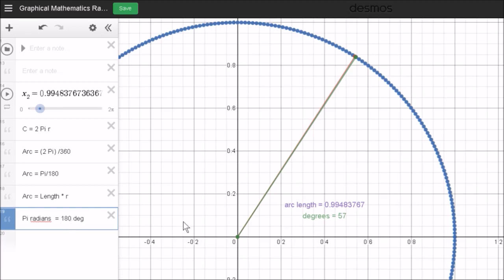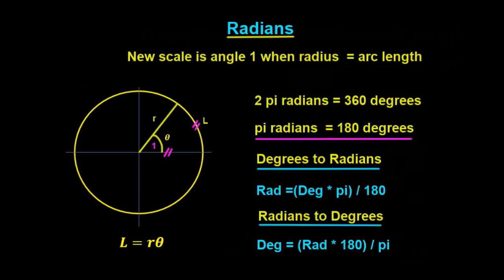So let's summarise everything we've learned mathematically. So we said that we can choose any angle that we want and we can call that angle 1. And every other angle is just relative to that angle 1 that we have chosen arbitrarily.